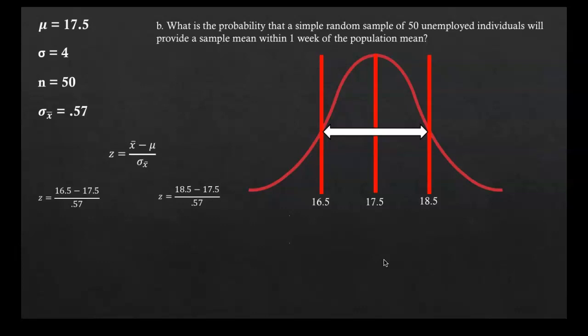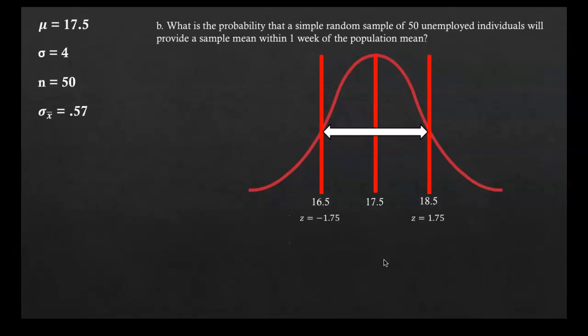All right, 16.5 minus 17.5 all over 0.57, and then we do the same as well for 18.5. So we want to fill in all of our z-score formulas, and then we can solve, and we'll find our z-scores to be plus and minus 1.75.